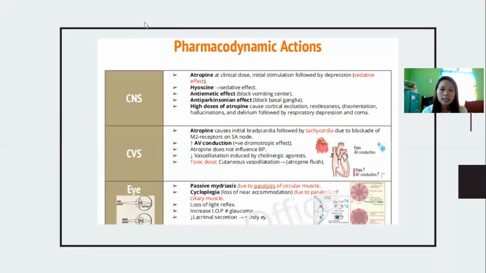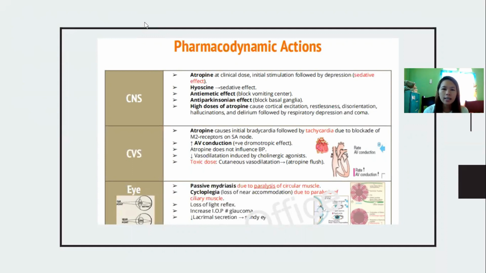Hyoscine: sedative effect, antiemetic effect, blocks vomiting center, anti-Parkinsonian effect, blocks basal ganglia. High doses of atropine cause cortical excitation, restlessness, disorientation, hallucinations, and delirium followed by respiratory depression and coma.